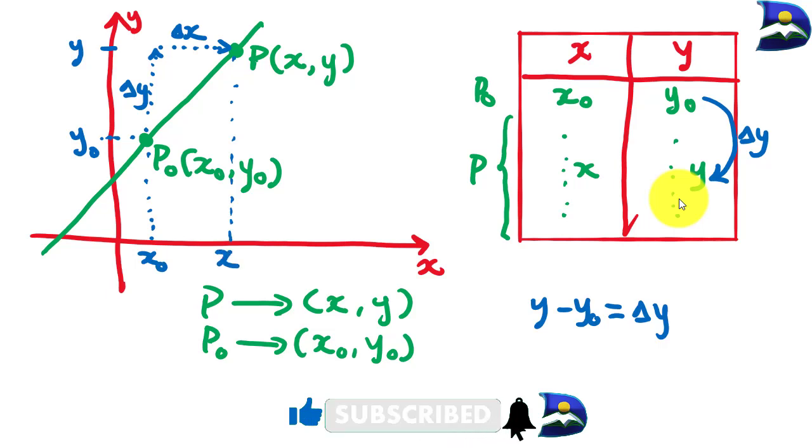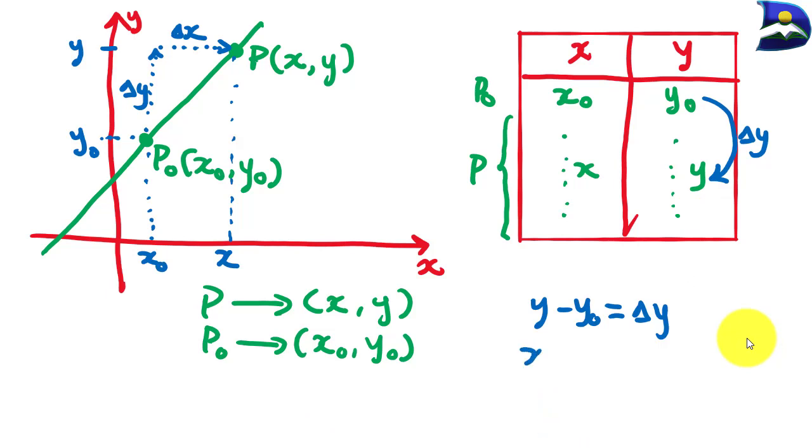This is shown right here as x minus x naught, which is equal to our change in x, not only from our graph but also from our table, as we move from x naught to any x that corresponds to its y. And so we have this addressed in this particular manner.